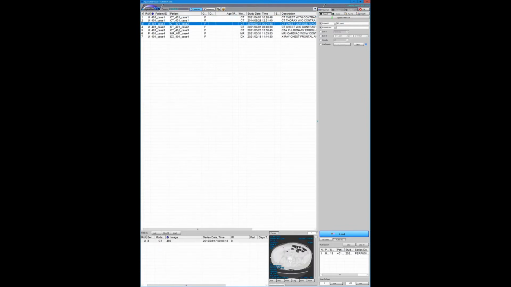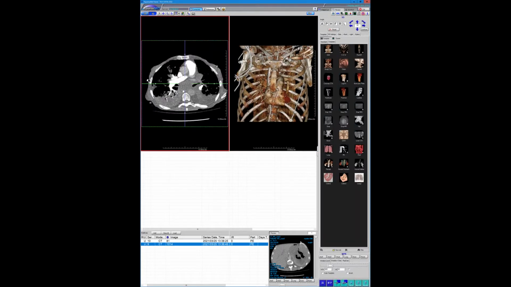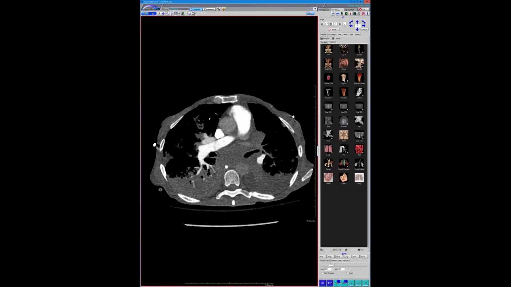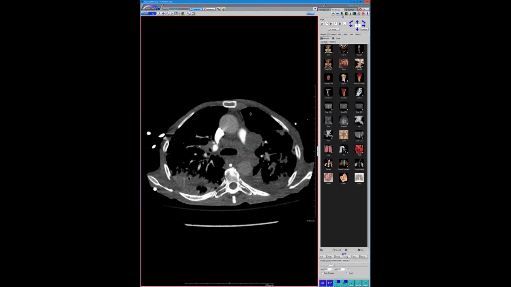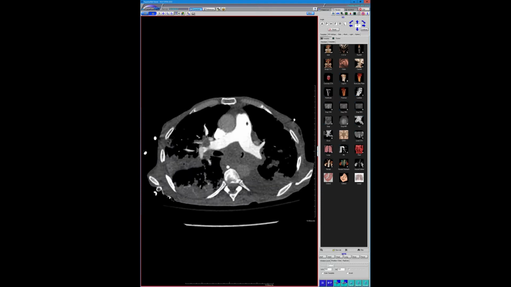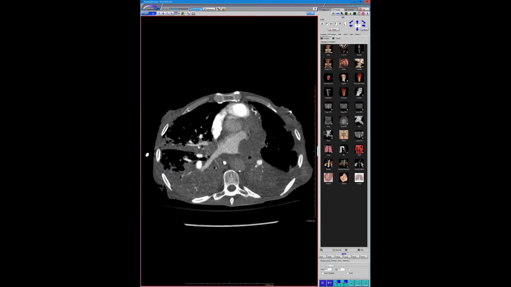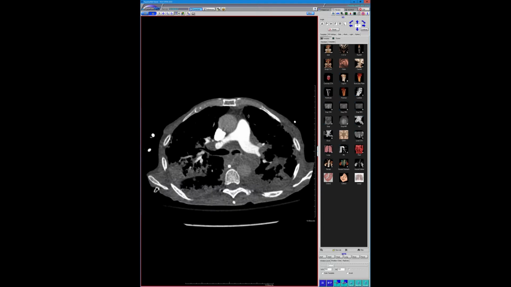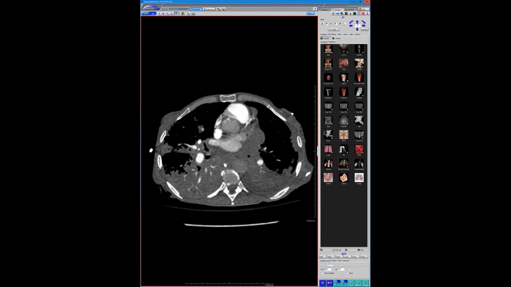I'll start with this one because this is just weird. Unfortunately, they didn't get an abdominal study because I'm not even sure why the patient came in. She's kind of on hospice and was deteriorating rapidly, and they brought her in. But I had never seen this before. So this patient has clearly awful metastatic lung cancer.